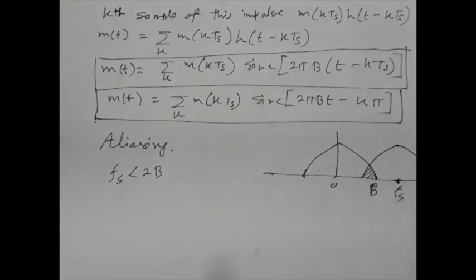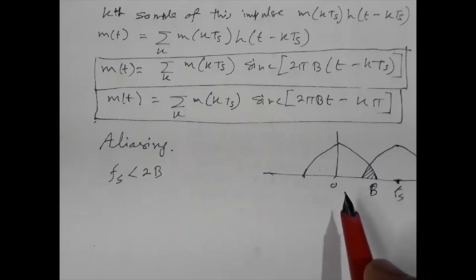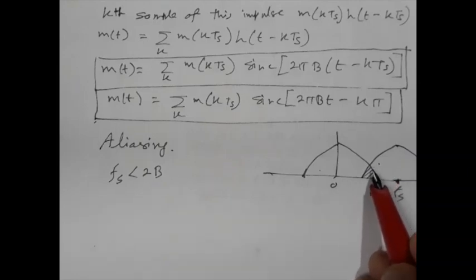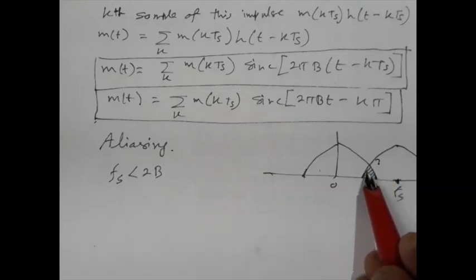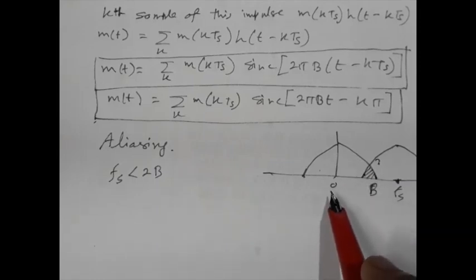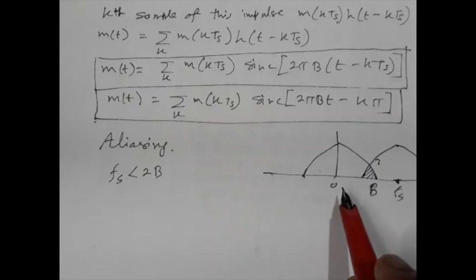So the signal is undersampled in this case, and some amount of aliasing is produced in this undersampling process. Now, aliasing is the phenomenon in which a high frequency component of the signal takes the identity of a lower frequency component. This one is the high frequency part, and it is going towards the lower frequency part of the sampled signal.